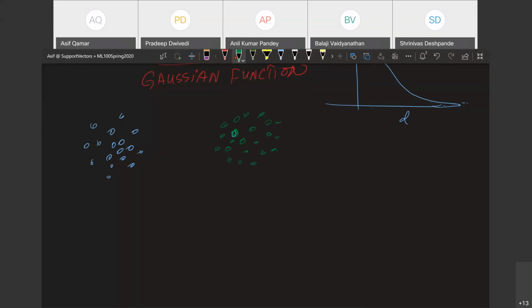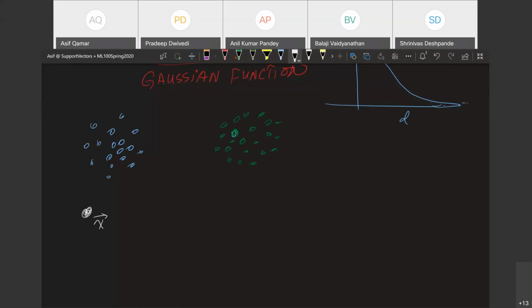Now think of a point here. This point is your x. Now you realize that it is coming under the influence of both the clusters, isn't it?